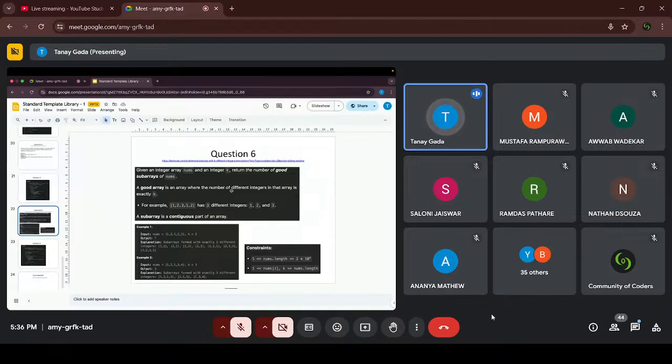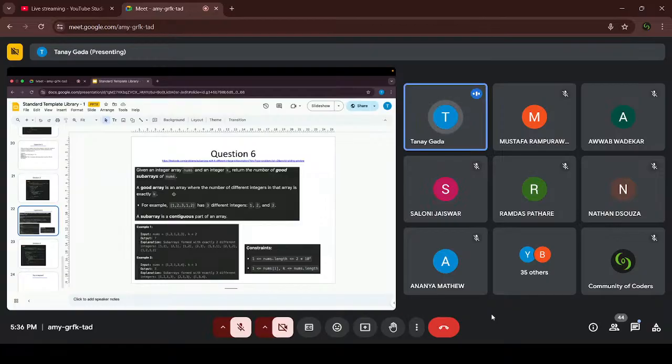One in which the number of different, unique elements is exactly equal to k. Similarly, we can count the subarrays which have unique elements less than k. Then we can do less than k minus 1 and less than k, and subtract both. You got this?